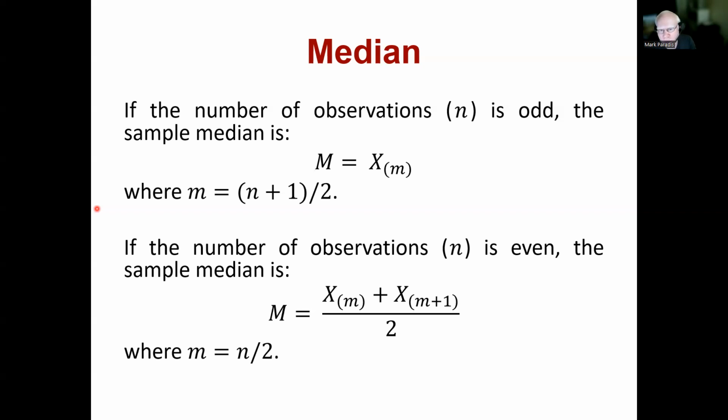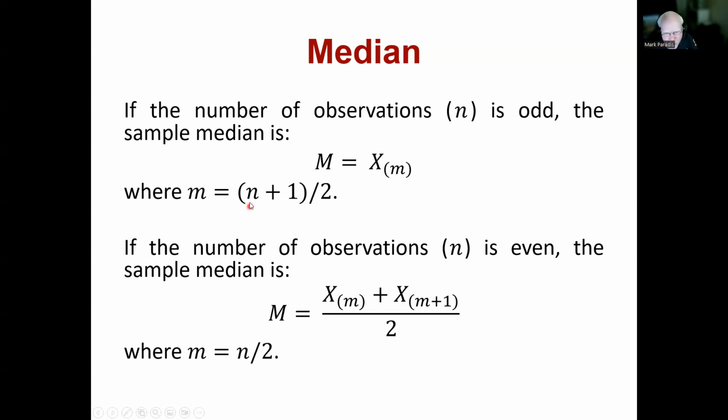So the median, when there's an odd number, is the x(m) value, where m, in a list of observations sorted smallest to largest, is the (n plus 1) over 2 observation.